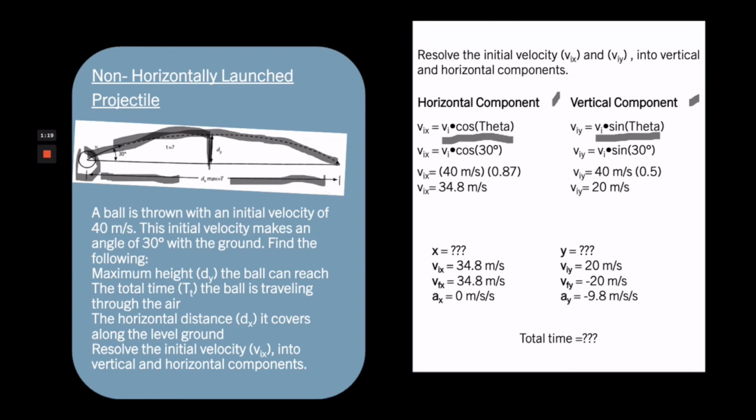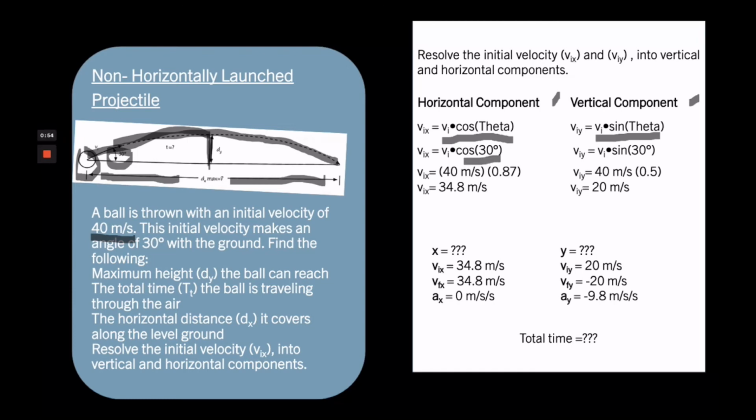Now that we know our theta here, that's 30 degrees, right? So we are going to substitute. We also know our initial velocity, which is 40 meters per second. Now let's find the value of our initial velocity for the x component. So very simple, you simply substitute 40 meters per second times the value of cosine 30 degrees.